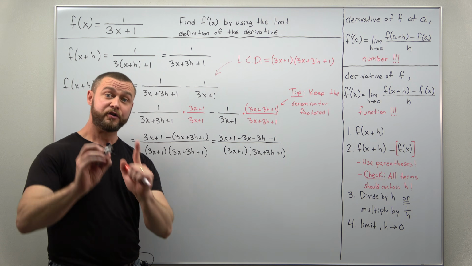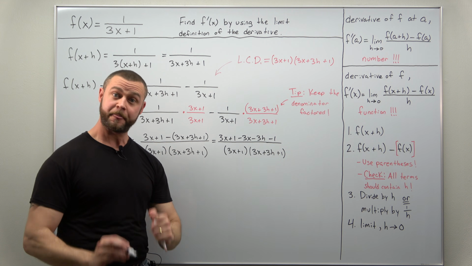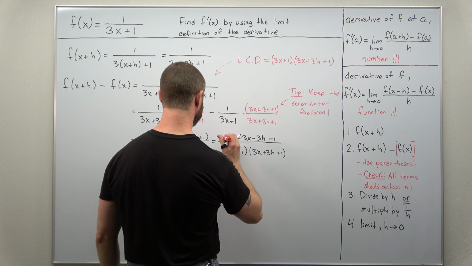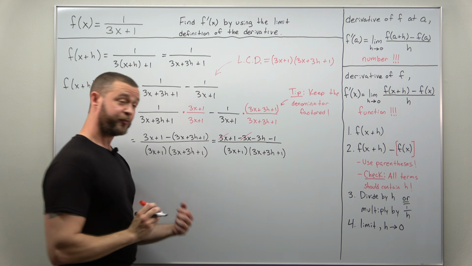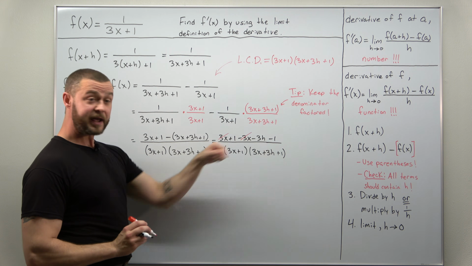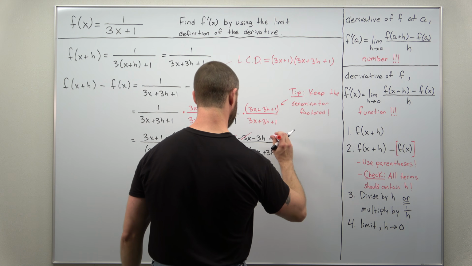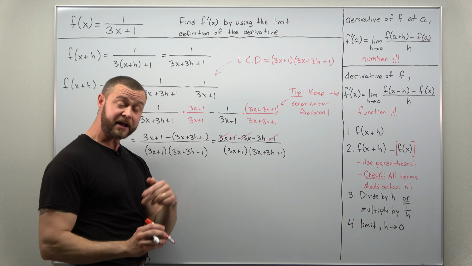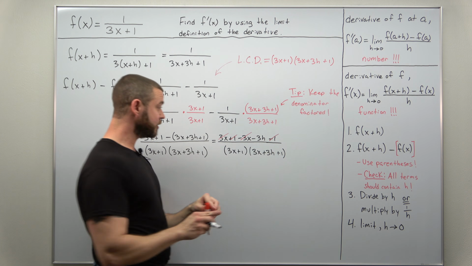Your numerator should contain a factor of h. And let's check here. If we cancel terms out, you have 3x and 3x, those cancel. And you have plus 1 and negative 1, those cancel. And it looks like what we're left with is in the numerator, negative 3h. That does contain a factor of h.